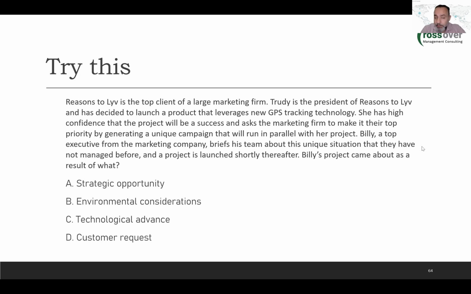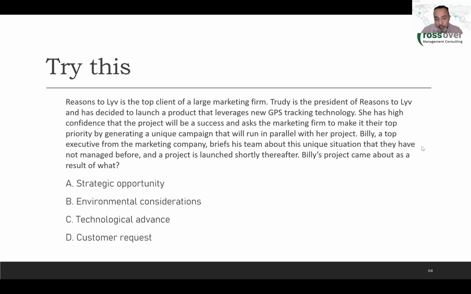Now, notice this scenario here. We have two companies. One company, which is Reasons to Live, is working on some new projects that use an advancement in technology. And the other company is a marketing agency that will have a project to market the product of the first company.